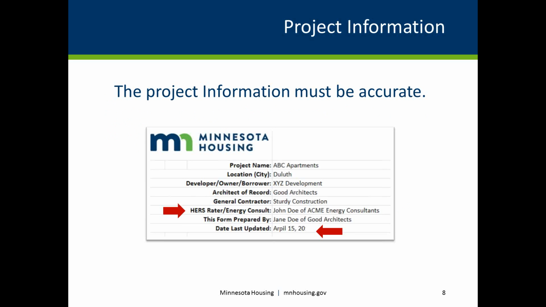Per the Minnesota Overlay, compliance with criteria 5.1, A, B, C, and D, a HERS Rater energy consultant is required. Indicate the individual and entity providing this service. Failure to identify this person or entity will be an automatic red flag for compliance. Remember to update the date last updated information for each submittal or resubmittal.